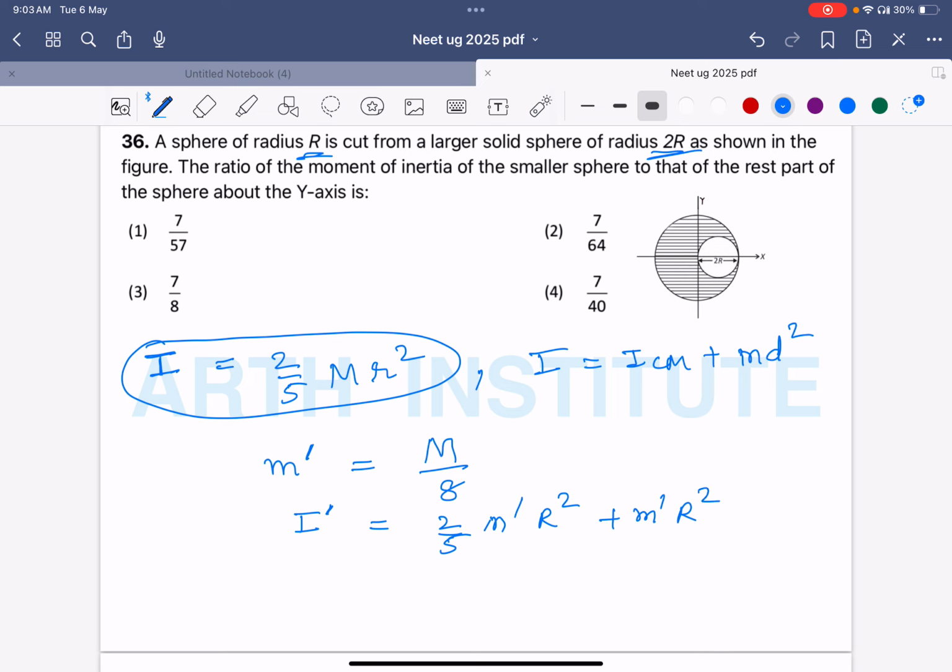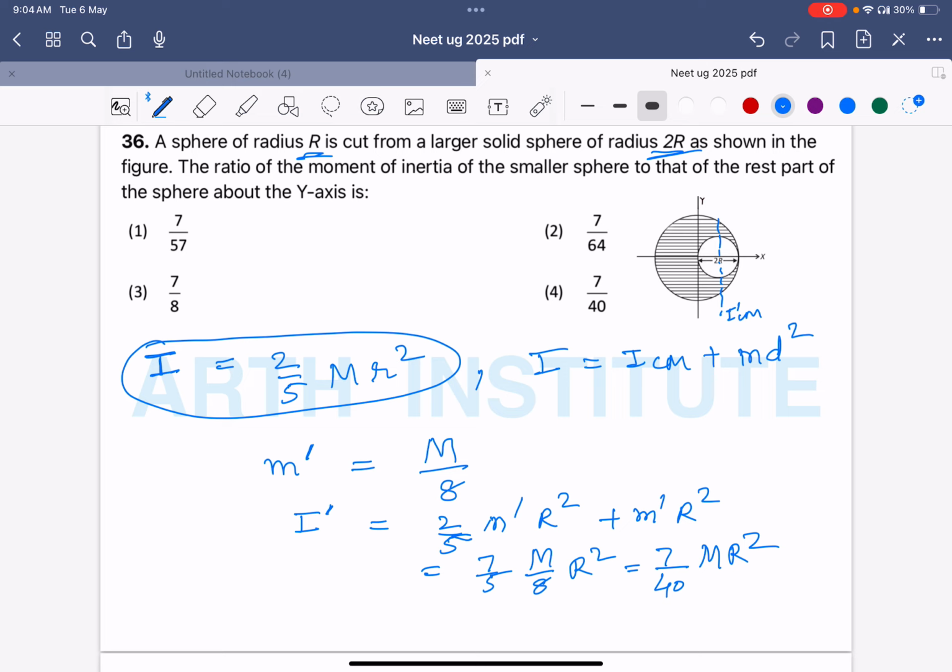This is using the parallel axis theorem, because the moment of inertia about this axis is I dash CM. So this is 2 by 5 m dash r square, and the distance between the two axes is r. So this comes out to be 7 by 5 m dash r square, and m dash is m by 8. So this is 7 by 40 m r square.